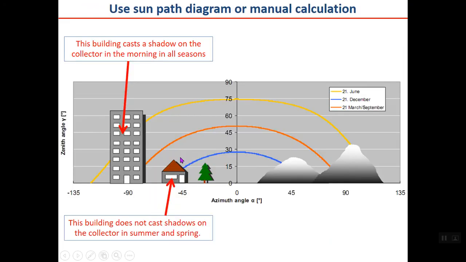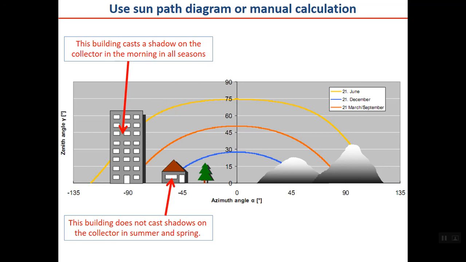I did not draw them because the shape would be very complicated. You may see that, for example, this building casts a shadow when the sun starts rising in the winter solstice, up to maybe 8 o'clock or 9 o'clock in the morning. So the first method is using the sun path diagram.